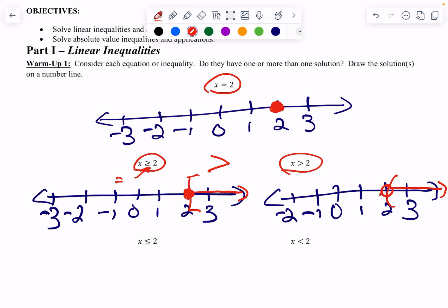So that's another option. So when you have the equal sign, the line under the inequality sign, that is when it's closed and it is a shaded in dot. When you don't have it, it's marked with a circle.